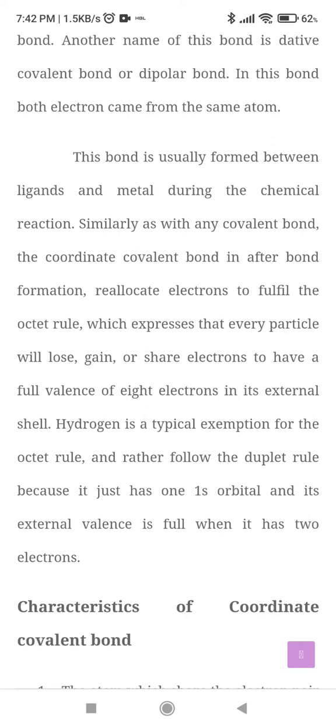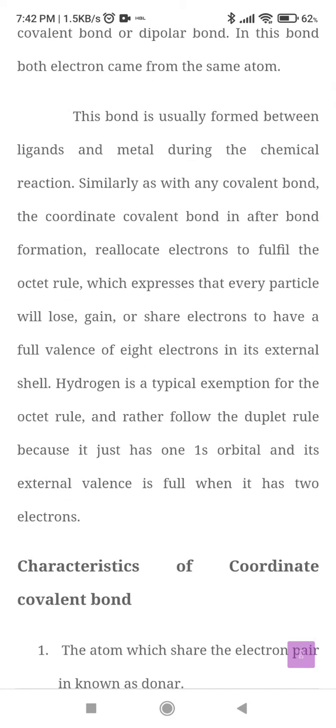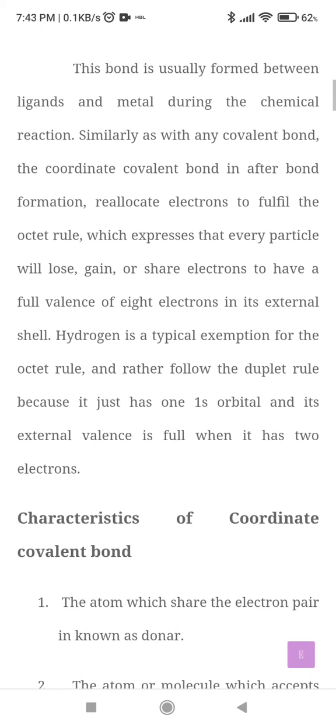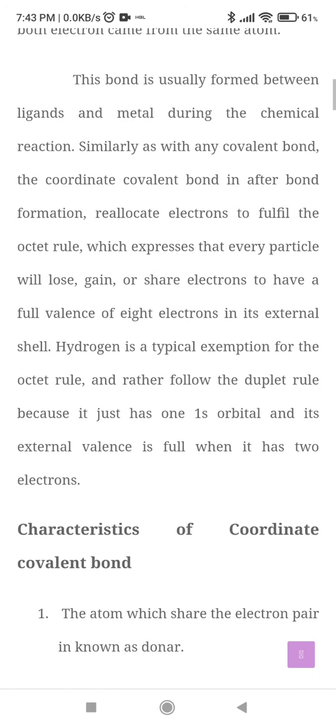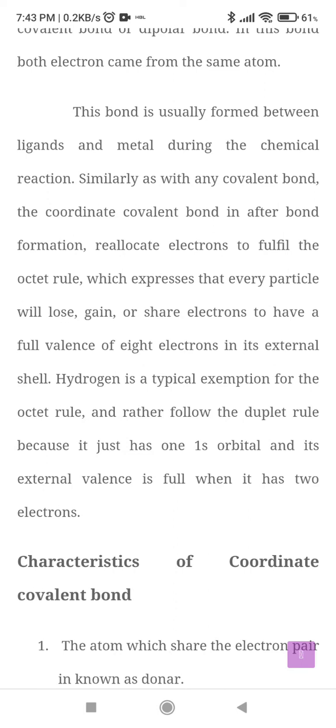Similarly, as with any covalent bond, the coordinate covalent bond relocates electrons after bond formation to fulfill the octet rule. After the formation of a coordinate covalent bond, this bond pair is localized in the shells of the atom and completes the octet of that atom which receives the electron pair from the donor atom.